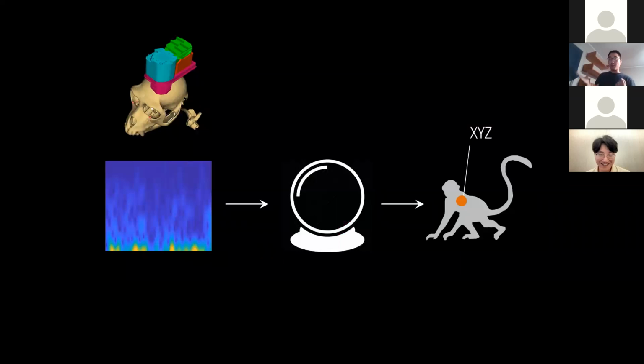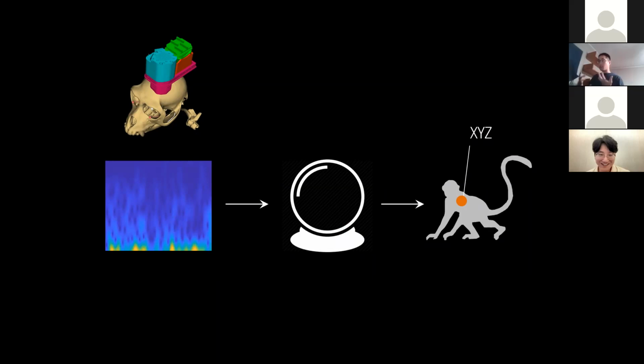To prove this hypothesis, we designed a very simple neural network that can predict the 3D XYZ location of the monkey given the brain signals represented by this spectrogram. This model is trained on the training data obtained from the OpenMonkey Studio, and then we apply it to different data on different days.